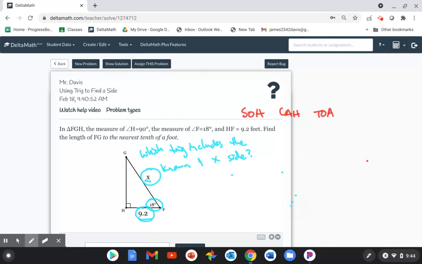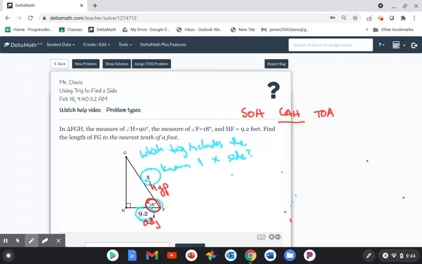Given the angle, our theta here, of 18 degrees, we have to think about these two sides and their relationship to this angle. We have an adjacent side here, and we have a hypotenuse. So what trig ratio has an adjacent and hypotenuse? That would be cosine.